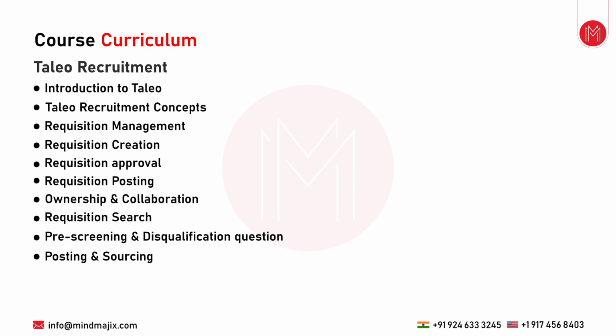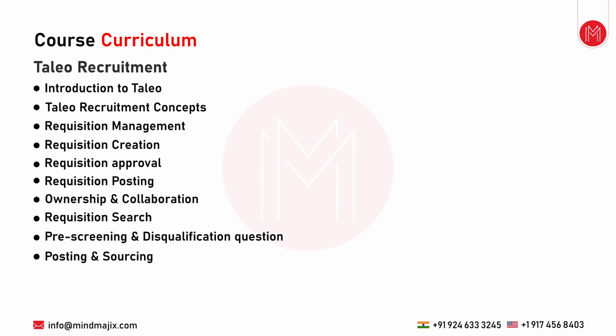Let's take two cases here. Case one is requisition rejected. When a requisition is rejected, it routes back to the recruiter, and while rejecting a requisition, the hiring manager should leave their comments: the reason why this requisition is rejected, is it because the salary grade minimum or maximum is exceeding for this open position, or the job description is not relevant for this open position.